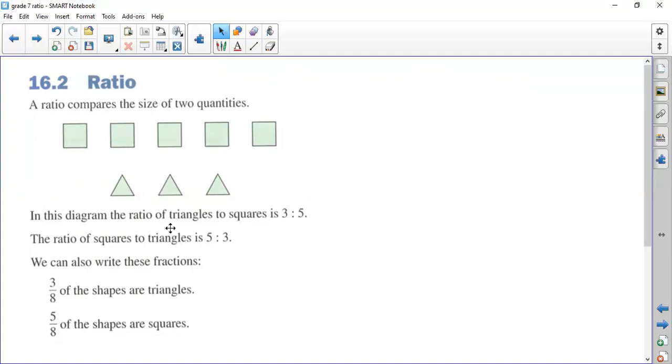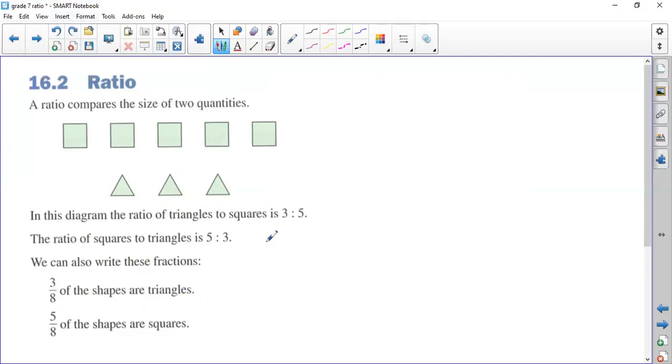You can even write it like a fraction: there are 3 triangles over 8 of all figures, or 5 squares over all. Or if you want to compare the number of triangles to squares, you will say 3 to 5 or 3 over 5. So ratio can be expressed even in fractions, 3 to 8 and 5 to 8. And you can even compare these two ones.